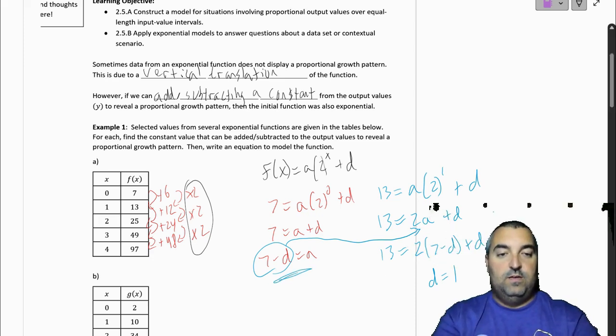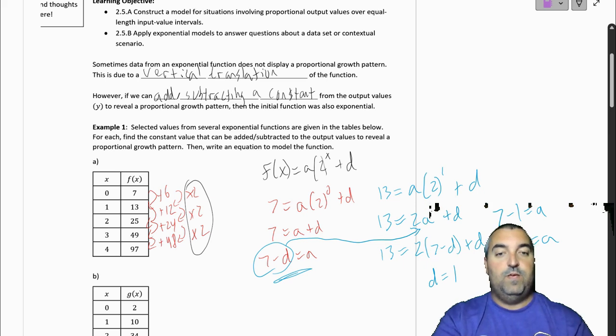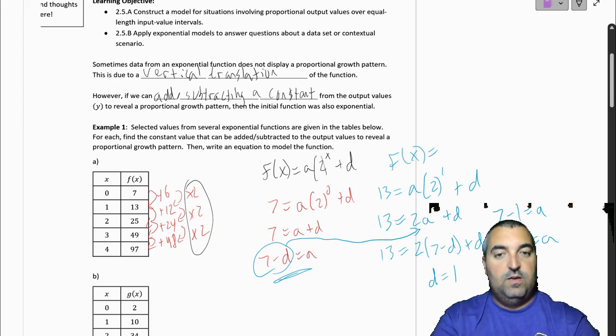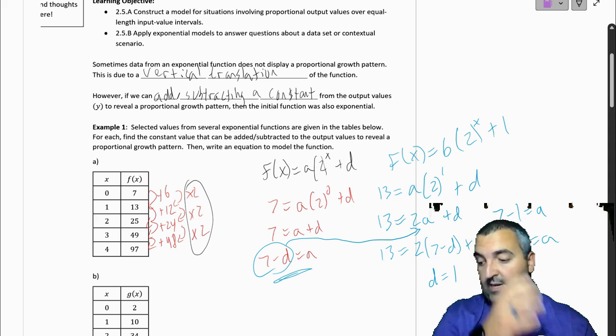So we get 7 minus 1 equals a, which means a is 6. Okay, and now we have our function. Our final answer is f of x equals 6 times 2 to the x, plus 1.